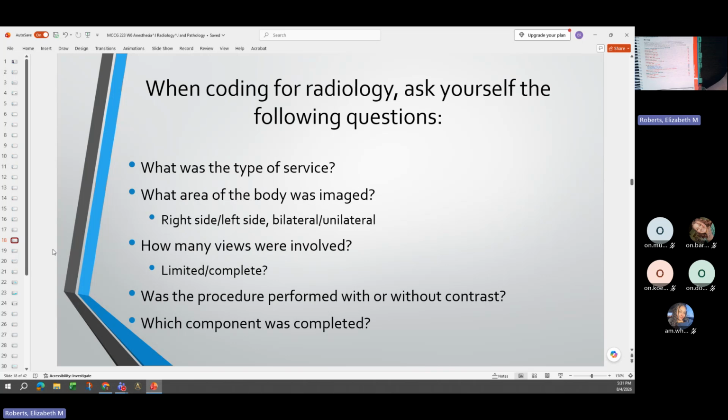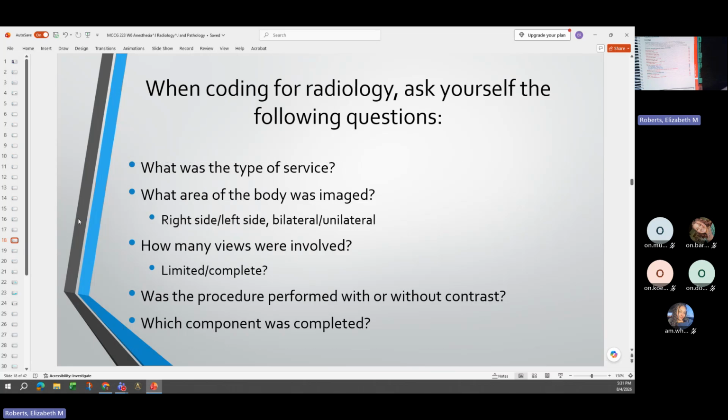So diagnosis coding is important. The other thing is we see lots of denials based off of the right side, left side modifiers not matching up with the diagnosis. So those are some tips for the real world.